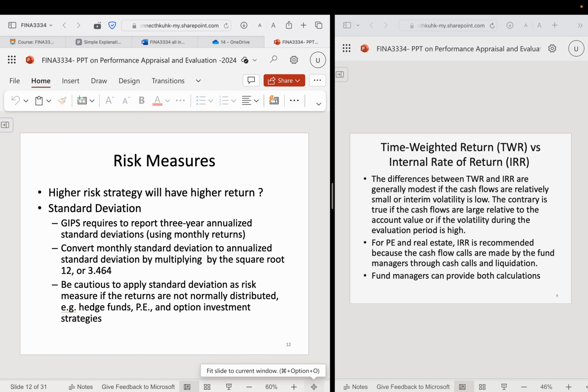Yes, 1.1 million, right? How about A? This one is a bit more complicated, right?